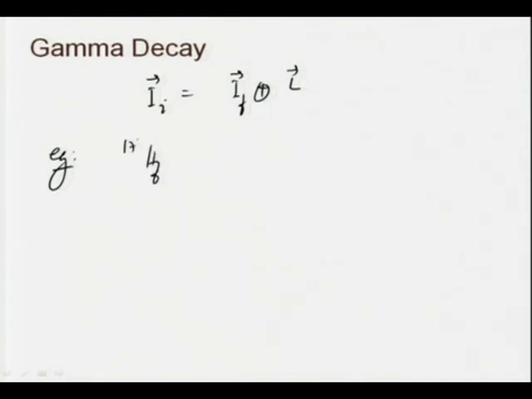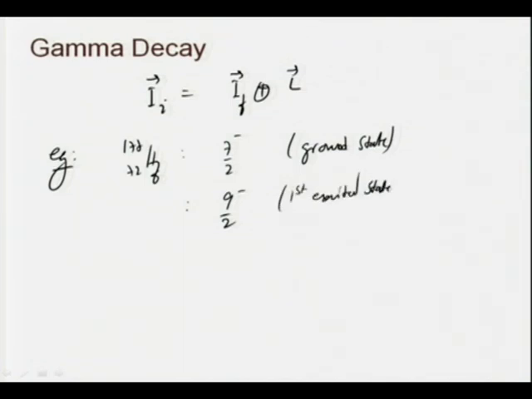Hafnium 177 has a ground state with spin 7/2 and negative parity. It has the first excited state in 9/2 minus, and it has another excited state, in fact, the third excited state in 9/2 plus.